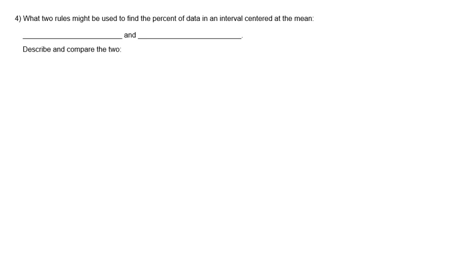If you remember, way back when we're associating the percentage of data to an interval centered at the mean, it's possibly Chebyshev's or the empirical rule. Chebyshev's or the empirical rule.